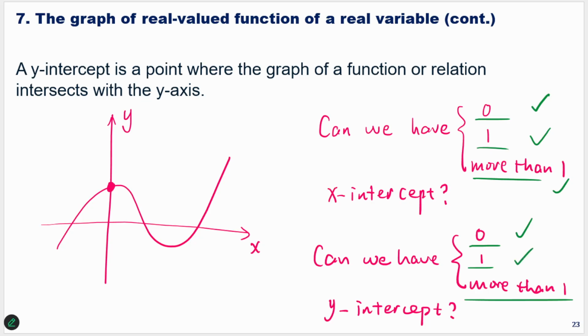Can we have more than 1? Are you sure? What if you have 2 y-intercepts? No, you can't. Otherwise, for the same input 0, you will have 2 different outputs, right? So be careful. It also checks your understanding of functions. So we cannot have more than 1 y-intercept for a function. Okay, we're talking about function, not relation.